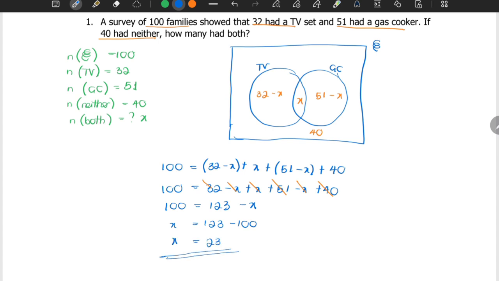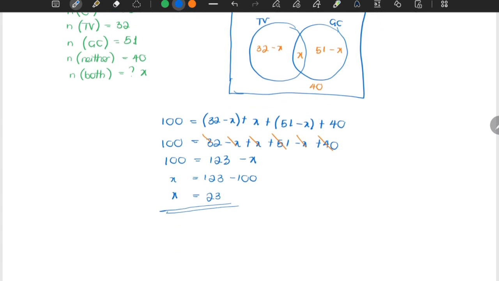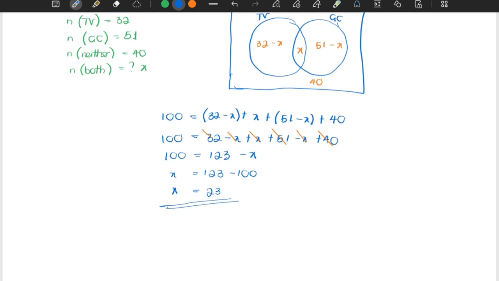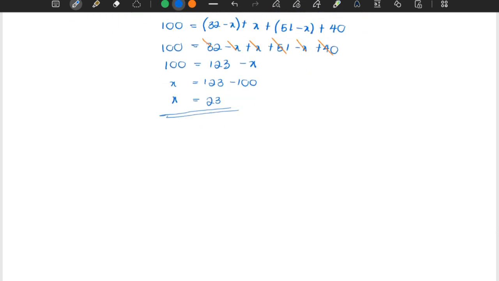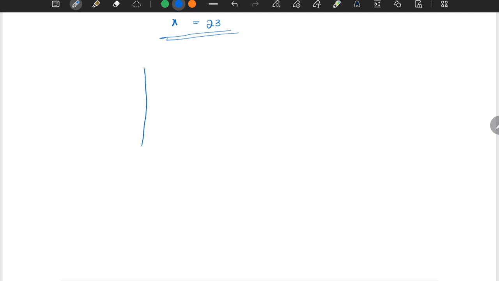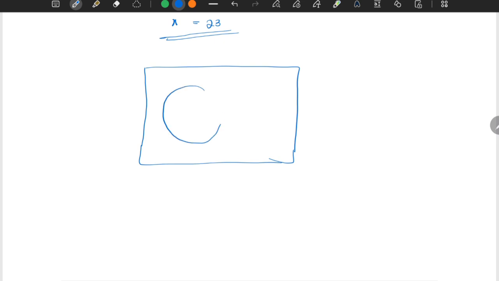So 23 had both. You can always cross-check this by rewriting the equation or representing again the Venn diagram if you have extra time, or if you just want to confirm that what you got is represented by the answer that you got. Again, it should always add up to 100.